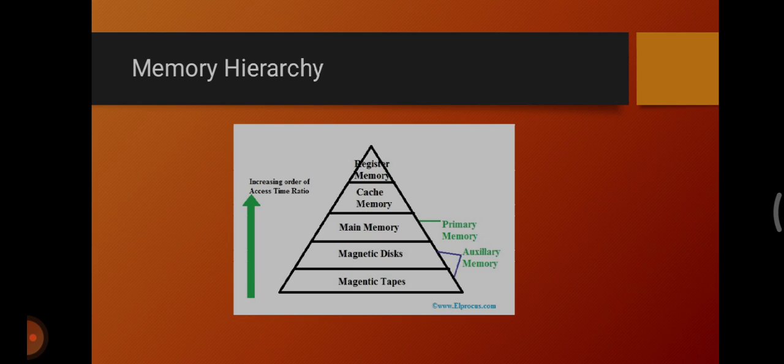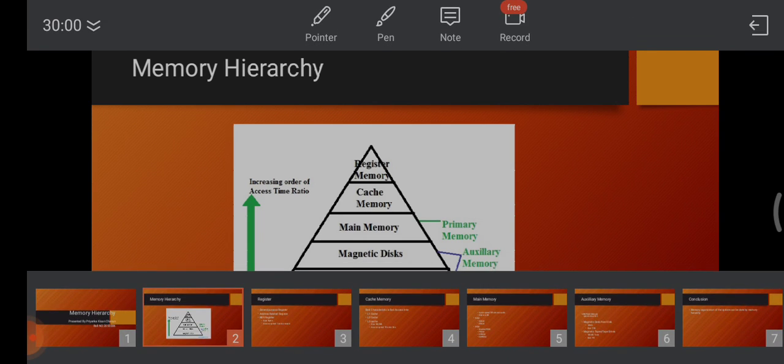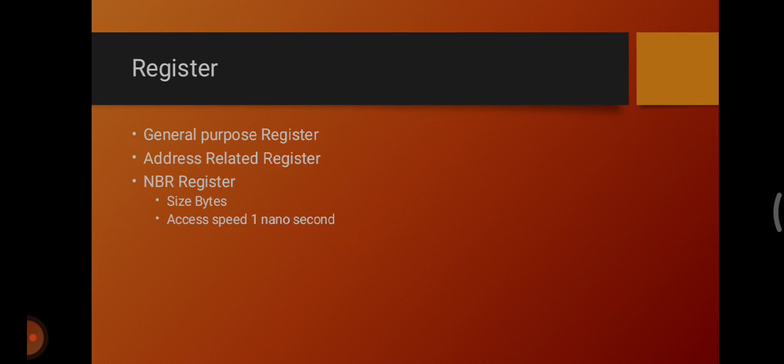So the first in this hierarchy is register. Usually the registers are static RAM or SRAM in the processor of the computer, which is used for holding the data word, which is typically 64 or 128 bits.